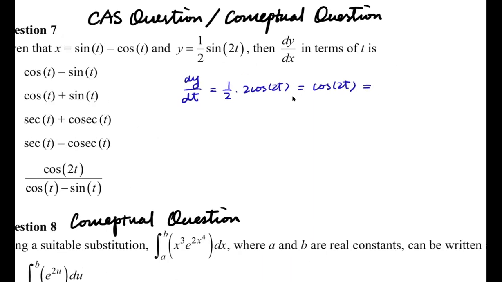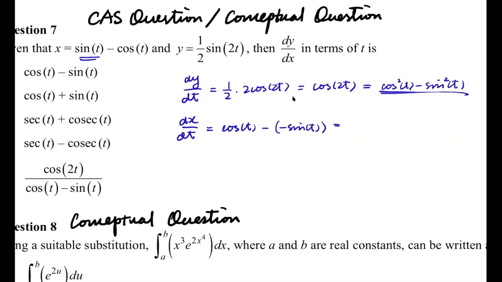You could do things like, okay, I would say, let's use cosine squared t minus sine squared t, which is one alternative form in the formula sheet. And then the dx/dt will be cosine of t, the derivative of sine, minus sine of t. Okay, this time we get cosine of t plus sine of t.